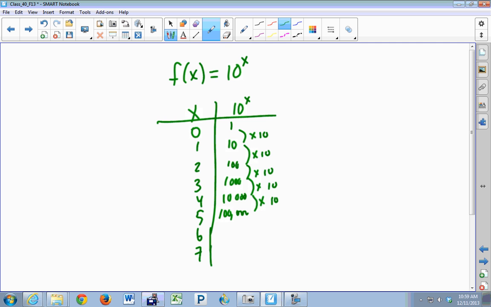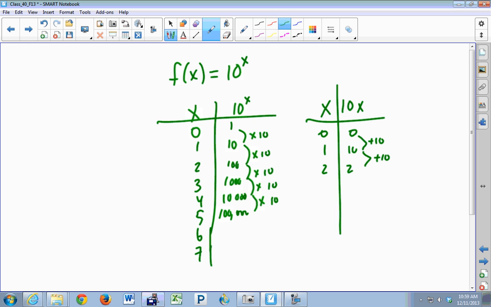So that's a difference. If this was a straight line, 10x, versus 10 to the x, with a straight line all we're doing is starting at 0 and adding 10, a constant additive as we go up, which, as you can see, isn't growing nearly as fast as multiplying the previous number by 10. That's a major difference between linear growth and exponential growth.